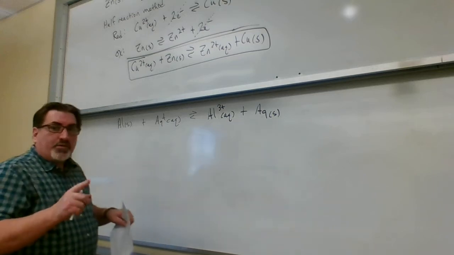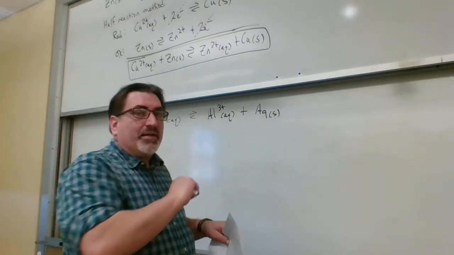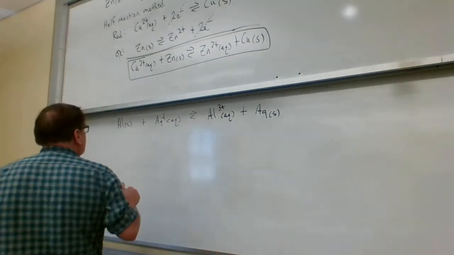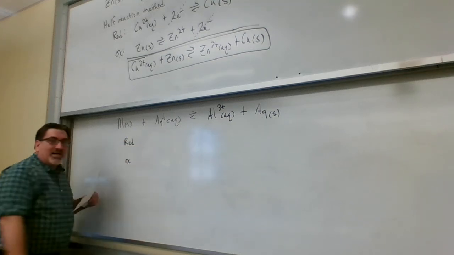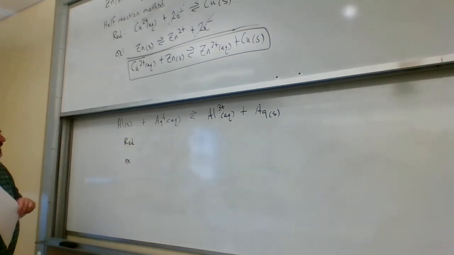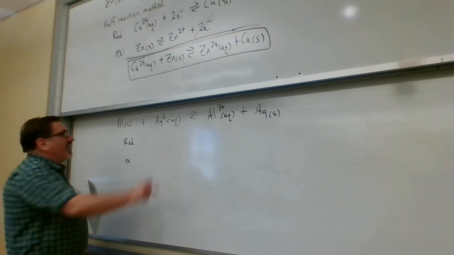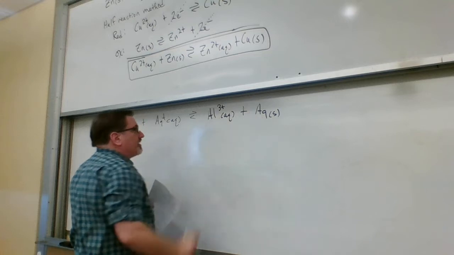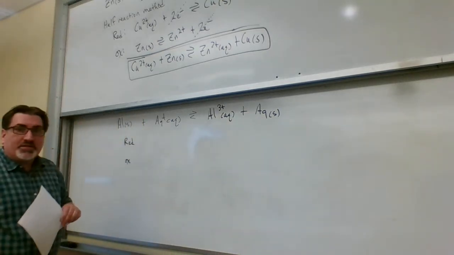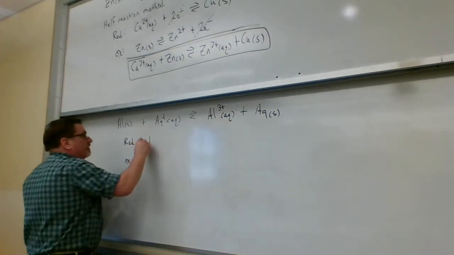All right, so we're going to work through this one the same way we did the others with our half reactions. We need the reduction and the oxidation parts. So when I look at this, I see Ag+ going to Ag0. Remember, all of the elements are zeros. There's your reduction. Silver is being reduced.